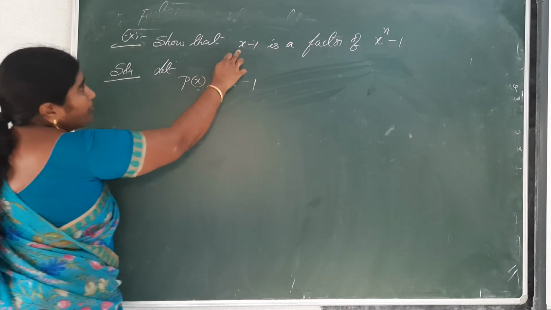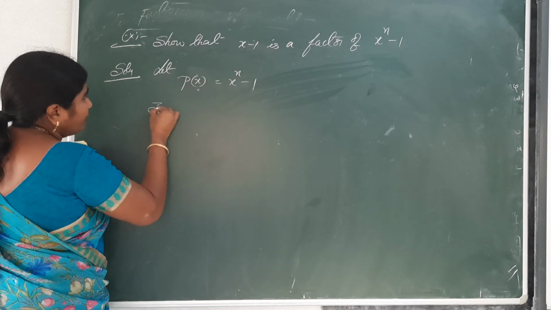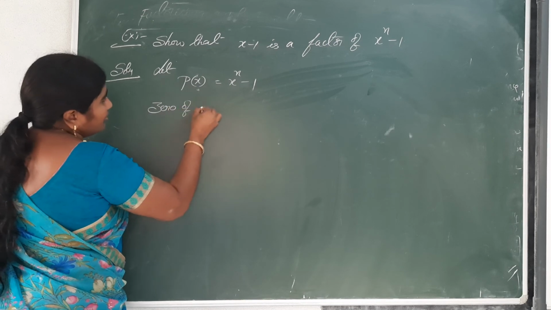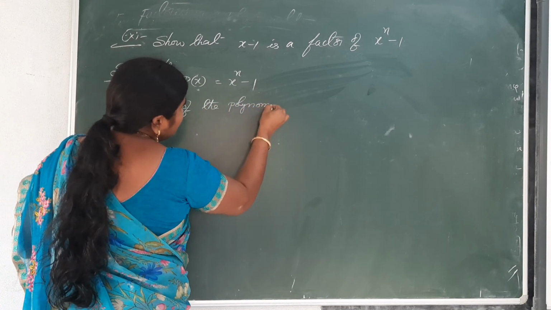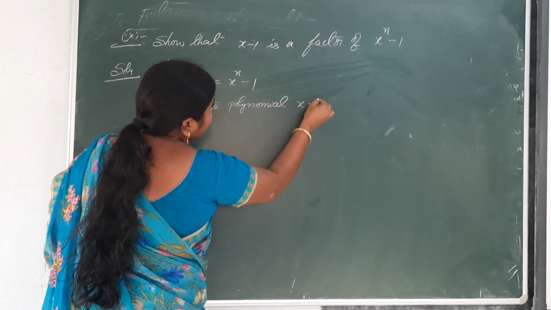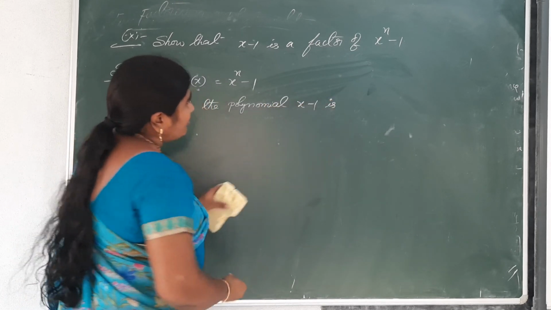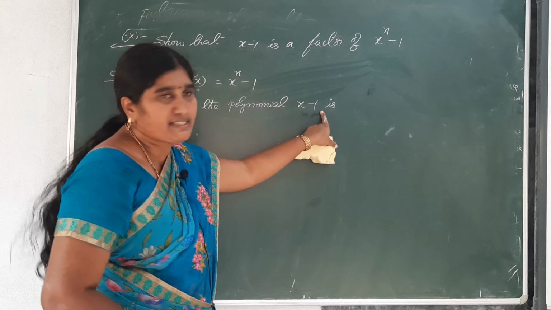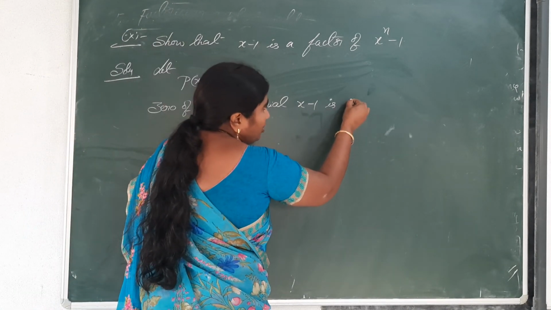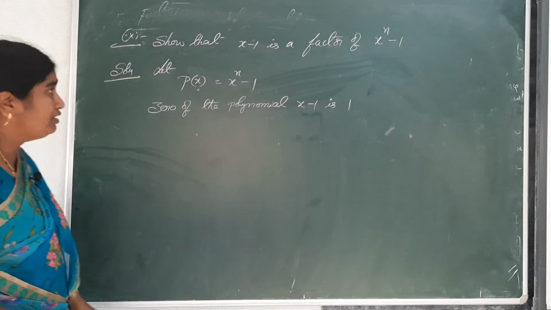Next, zero of the polynomial x minus 1: to find the zeros, x minus 1 equal to 0, then x equal to 1. Zero of the polynomial x minus 1 is 1.